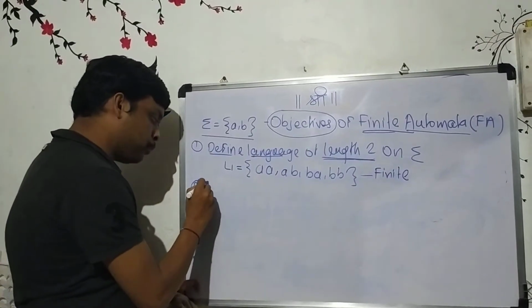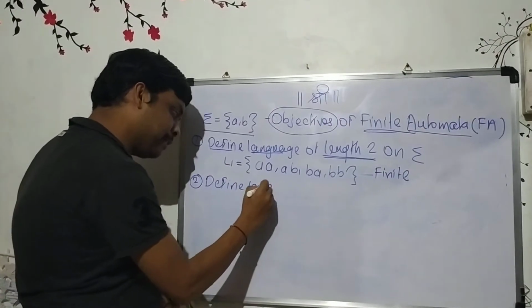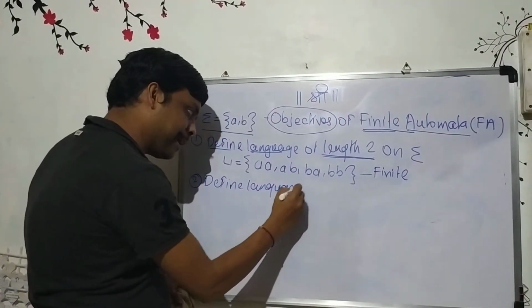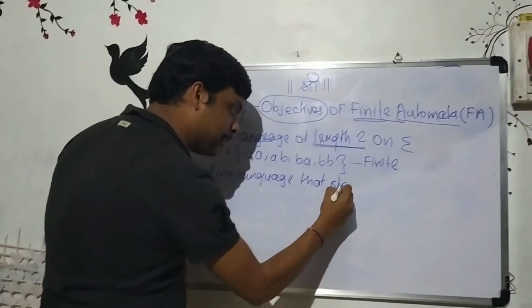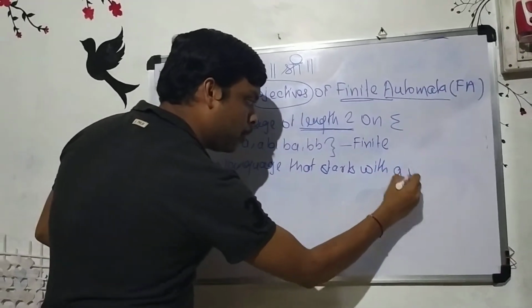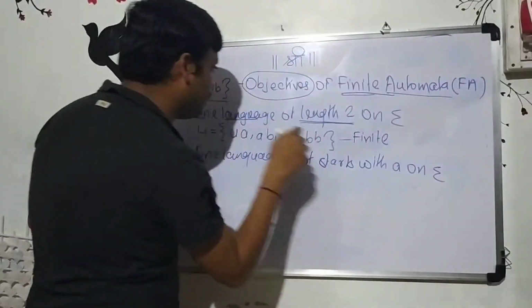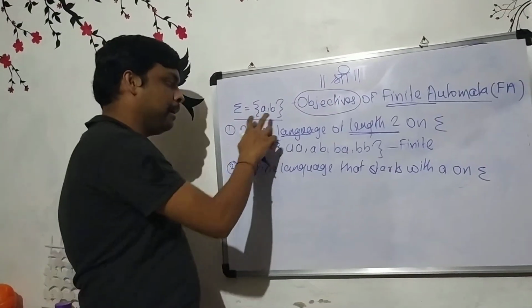Similarly, let us discuss one example of an infinite language as well. Suppose the question is: define a language that starts with a, on sigma, where our sigma is the same, common for both questions, that is a and b.